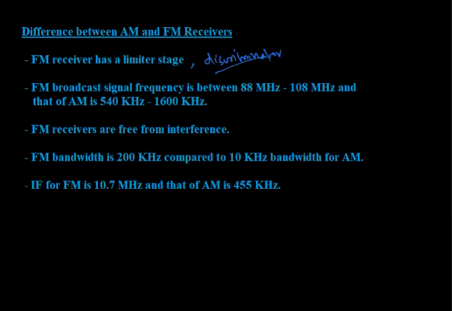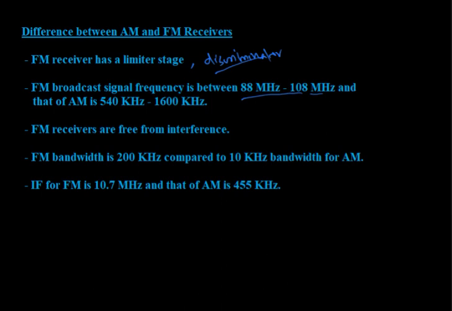In the case of FM transmissions, the broadcast signal frequency is between 88 megahertz and 108 megahertz. That is very familiar to you nowadays because most of you are using FM. While you are scanning the channels, you can see that this frequency varies from 88 megahertz to 108 megahertz.